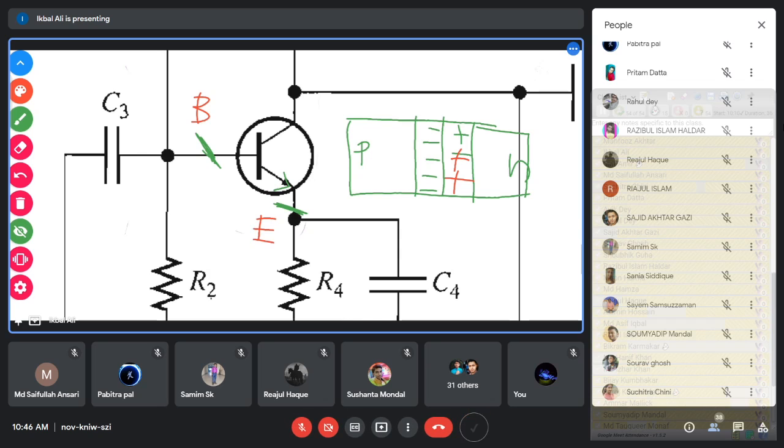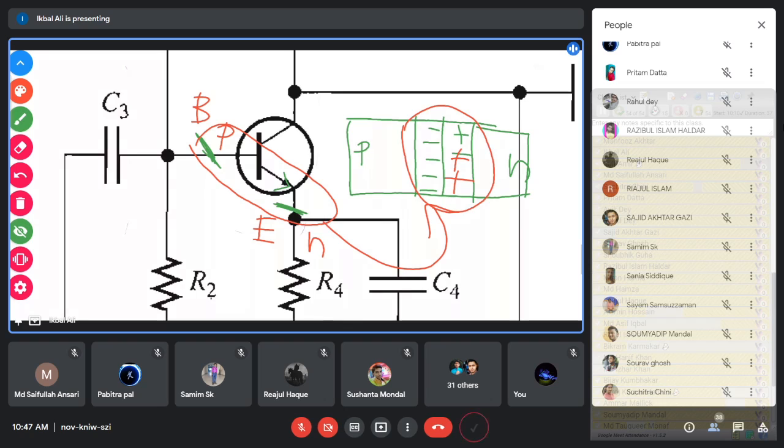Base is P, and emitter is N. So in this portion, you have a base emitter junction, a PN junction. This is the structure of any PN junction, and in this base emitter PN junction, you have a depletion region like this one.